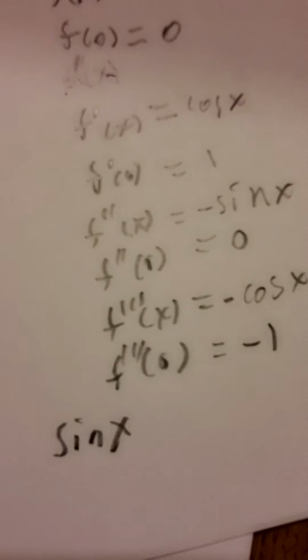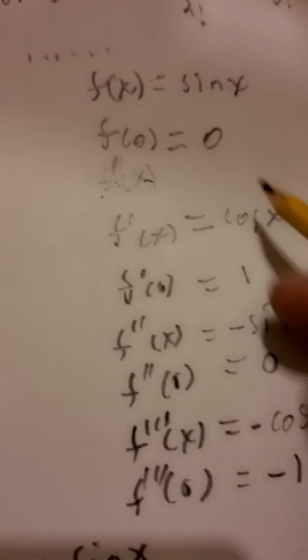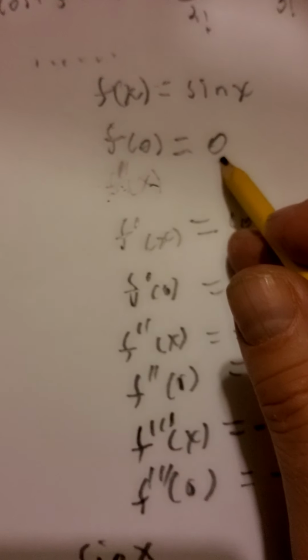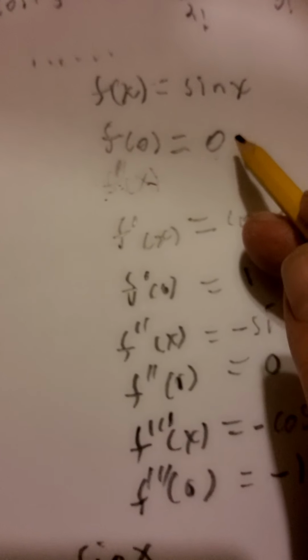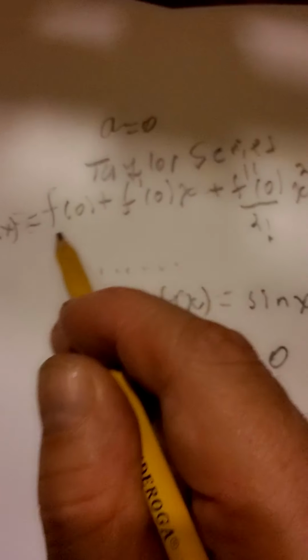It's going to be interesting because if I continue on this pattern, see the pattern I'm getting? I'm getting odd functions. Okay, so in other words, f of 0 is just going to be 0.